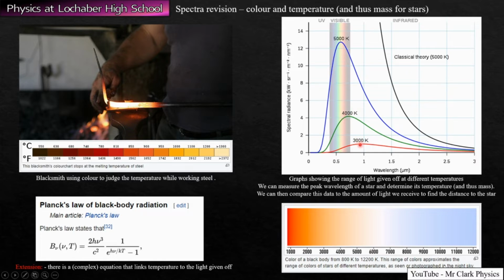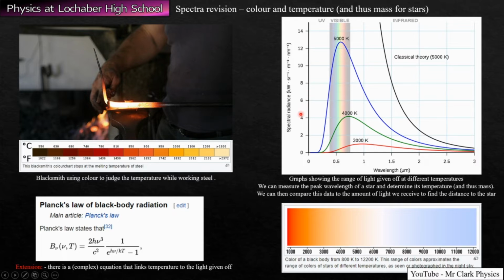The peak of the red line is almost 1, the peak of the green line here is about 0.75 micrometers. And if you go for a hotter star again at about 5000 Kelvin, your peak is actually in the middle of the spectrum, so that one's going to appear nice and white, and we see that down here on this chart.